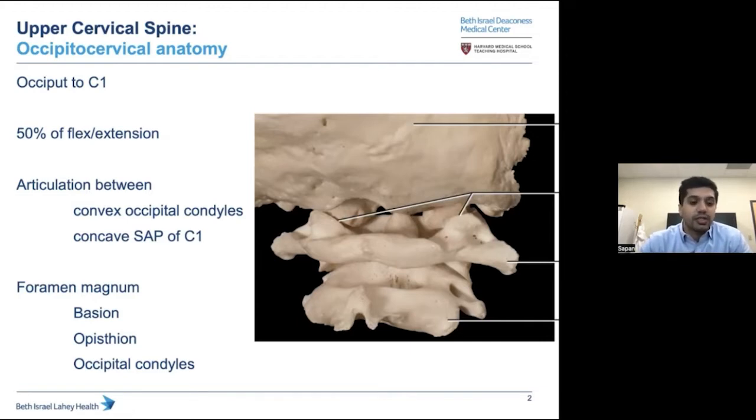What you can see right here is the opening of the foramen magnum. That's the exit of the skull and the entrance into the spine. The foramen magnum is made up of the basion, opisthion, and the occipital condyles laterally. So the brainstem exits at this level and becomes the spinal cord as it goes into C1.